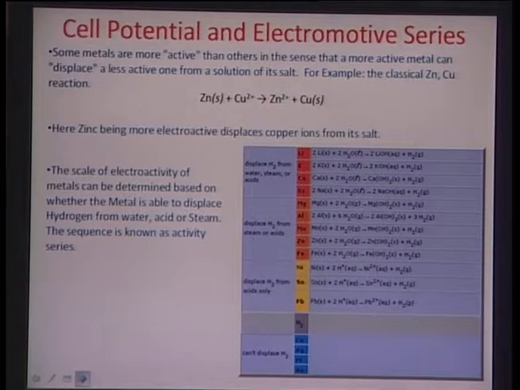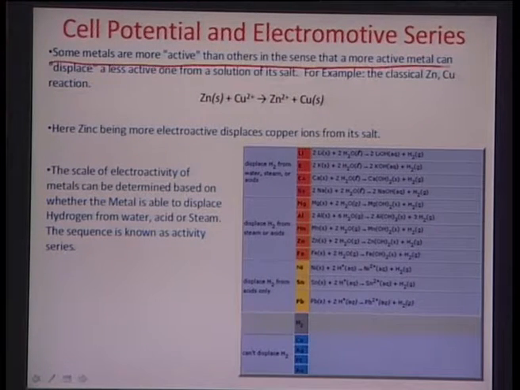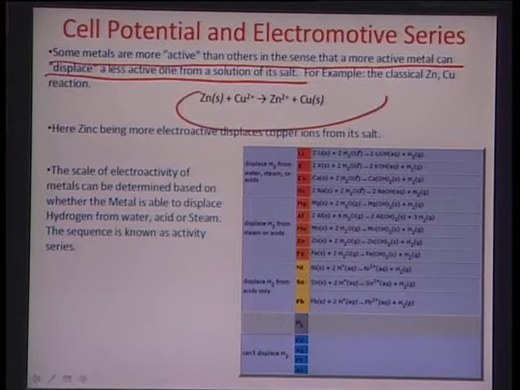Another very interesting factor is that some metals are more active than others, in the sense that they can displace a less active one from a solution of its salt. Let us say we consider the zinc copper case, the Daniell cell, as we saw here.